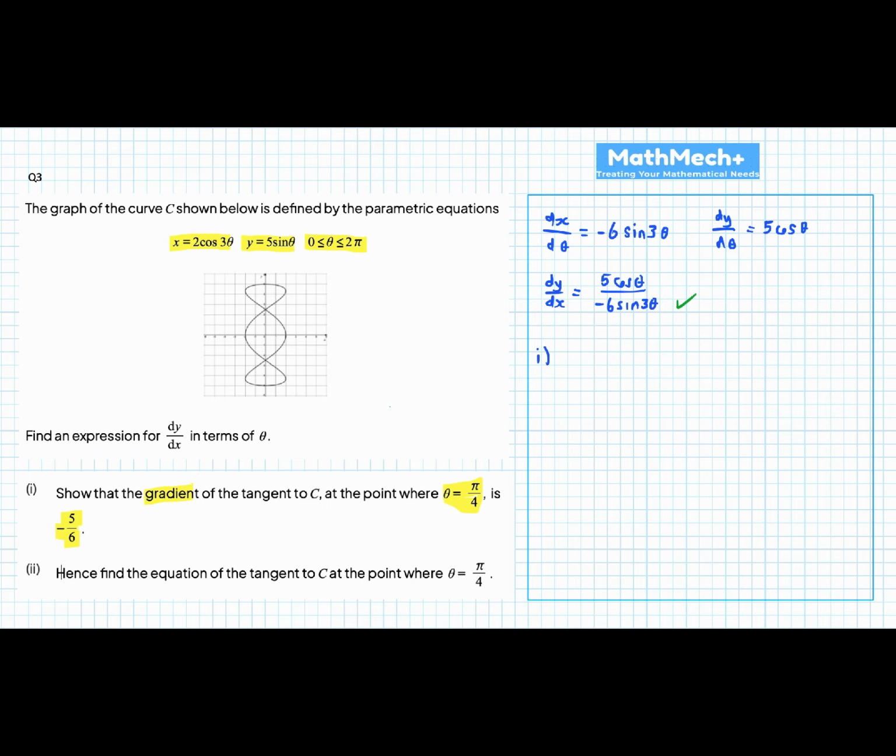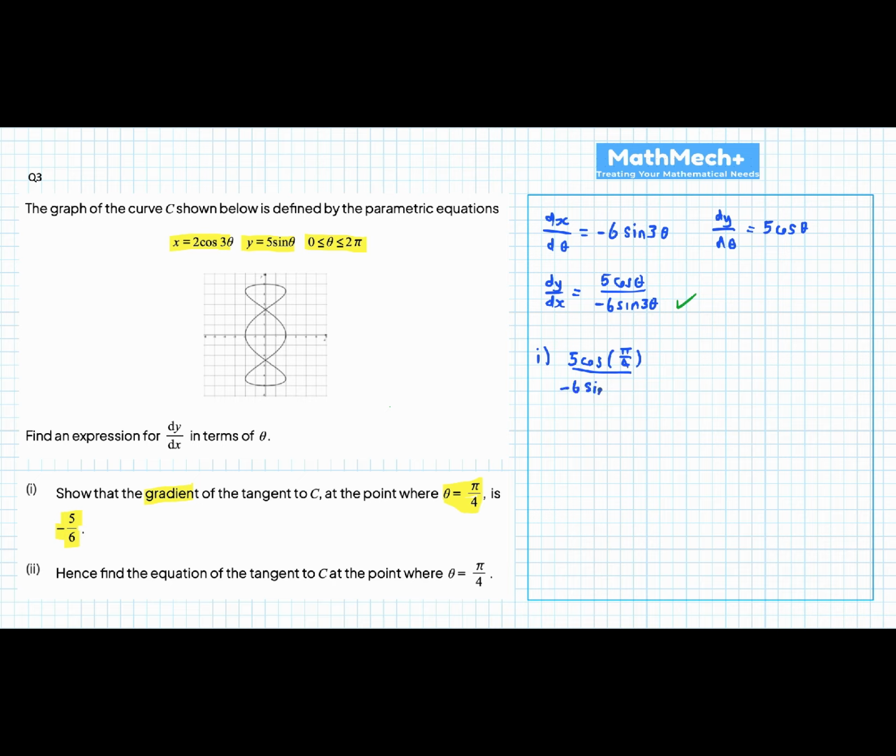So now we're going to find the gradient of the tangent at a point. So pi over 4, we're using radians of course here. You know that pi over 4 is 45 degrees. We'll put it in as it's written.